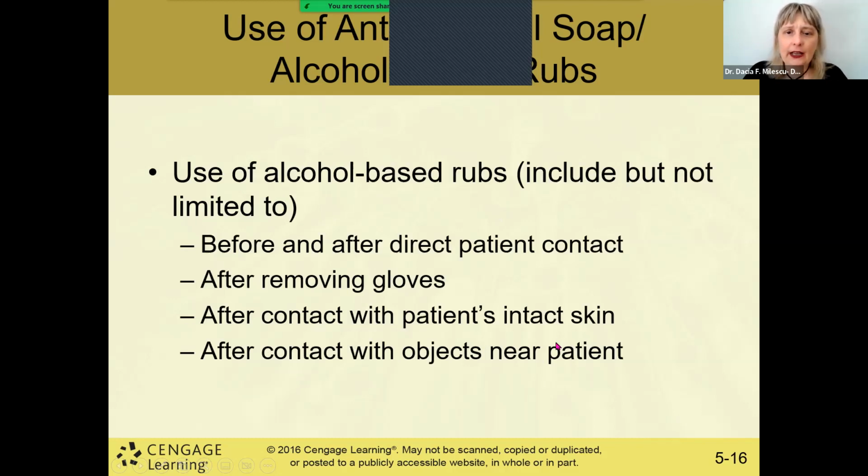Alcohol-based rubs, including but not limited to alcohol-based rubs, before and after direct contact with a patient, and after removing gloves, and after skin contact with a patient, even if the skin is intact, after contact with objects near a patient, you should still wash your hands. Basically, when in doubt, wash your hands. When in doubt, use the antimicrobial soap always. And if you don't have access to it right away, use the alcohol-based rubs no matter what.